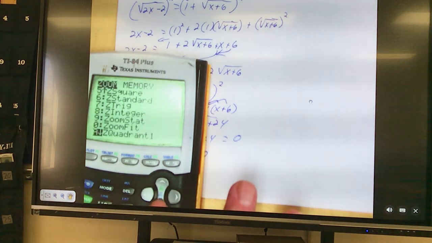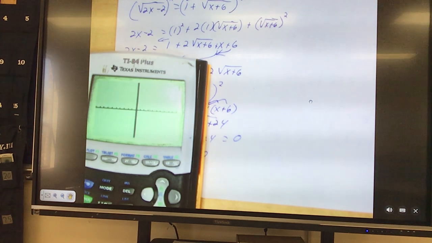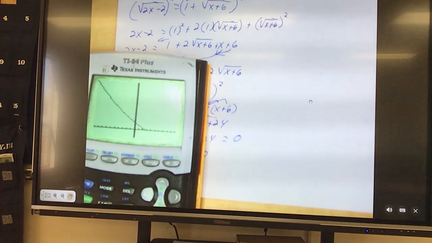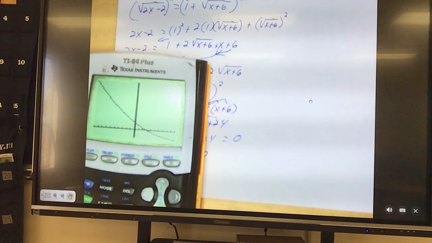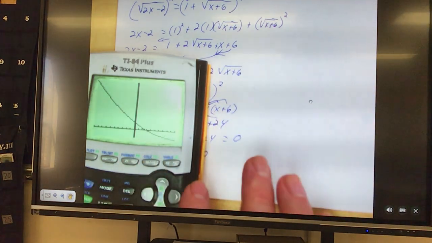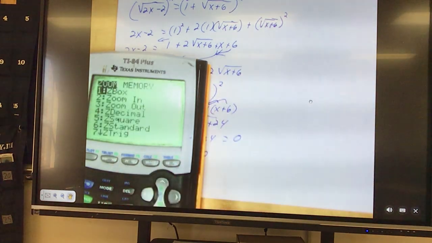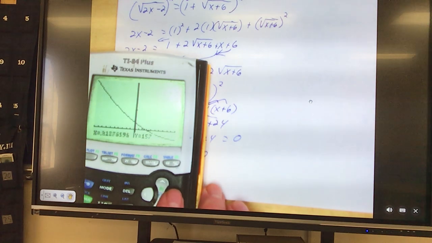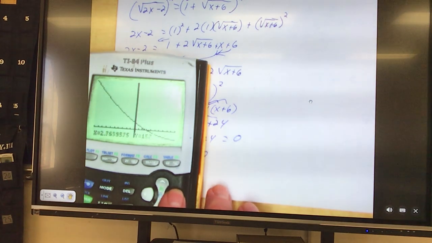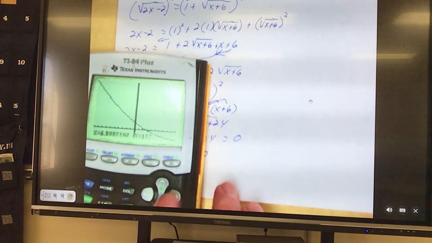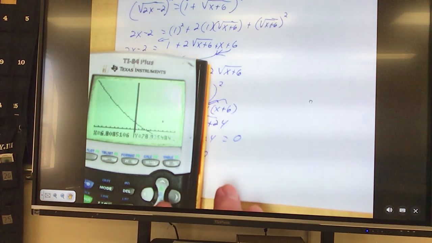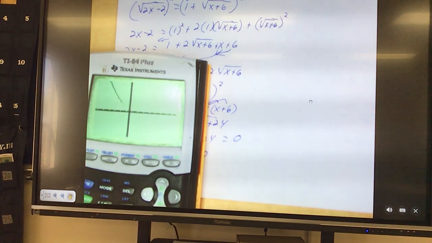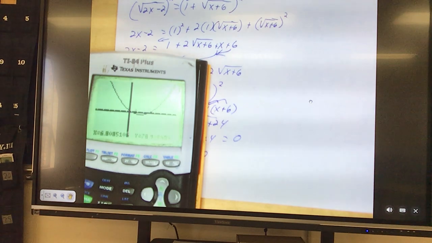So sometimes we just have to play with them until we get it to where it needs to look like. And I see that it's going down, it's going to go back up eventually over here. So I've got to zoom out. So zoom out, number 3. And I'm going to move my little guy over here because I want this side of the graph. Hit enter. And I see, yes, it does cross twice.